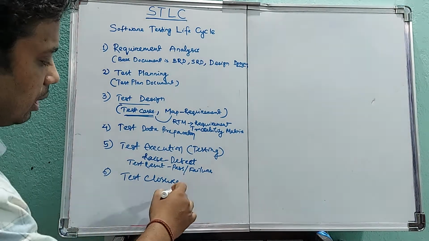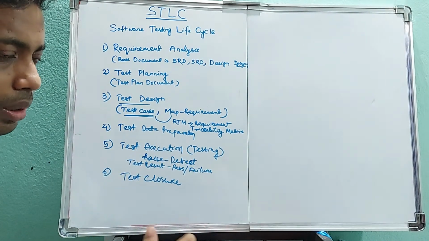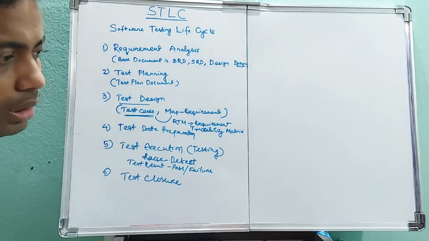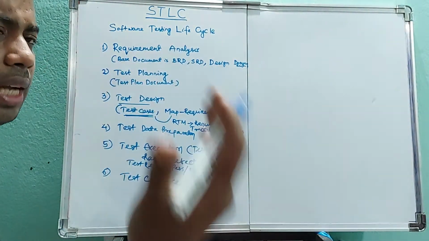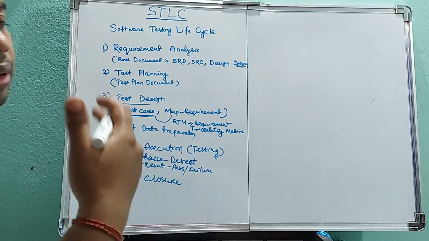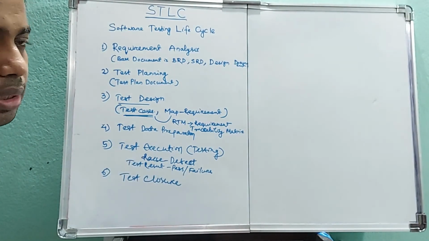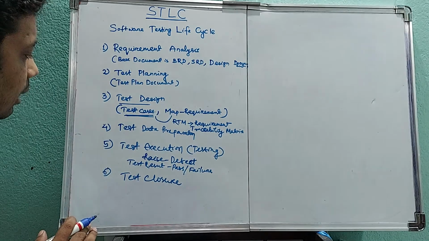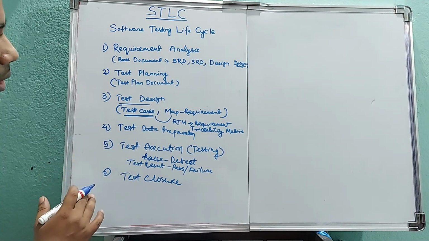Once we produce this test closure report, the application is moved from the testing environment to the production environment. But there are different kinds of testing, what we will see in a different class, like what are the different types of testing that should be done. But basically these are the various phases of STLC.